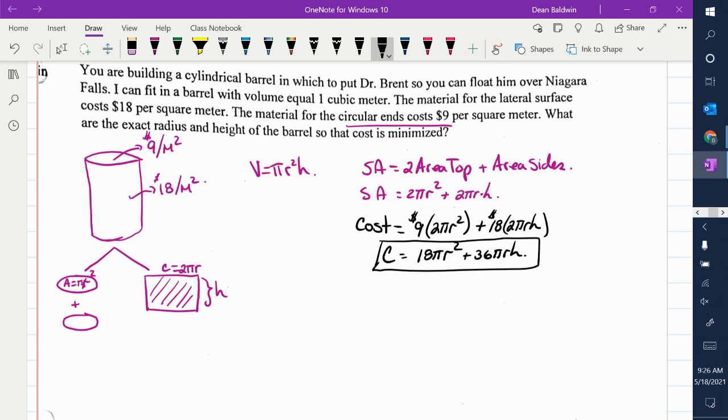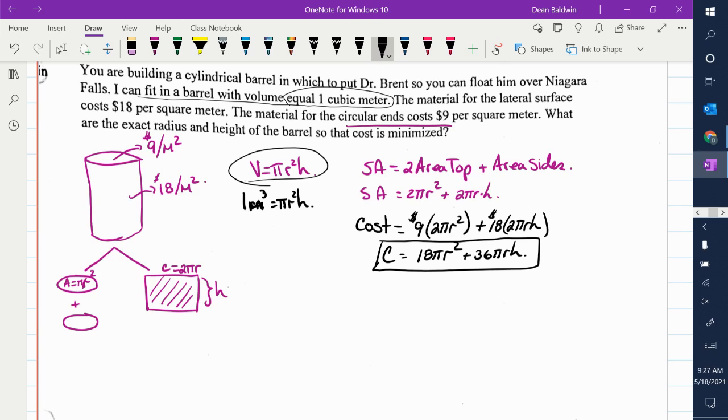What are we trying to minimize? The cost, right? So that's the formula we're going to want to derive. However, what's wrong with the formula as it's written? We have two variables. We have r and h. But we do have this, all right? And they state that Dr. Brent can fit in a barrel that has a volume of 1 cubic meter. So essentially they're saying 1 cubic meter, I guess, is equal to pi r squared h.